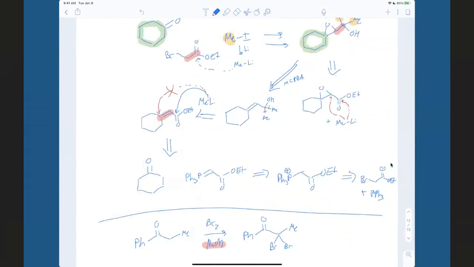So what happens to the ethoxy group? I'll draw out this step a little bit more clearly. So methyl lithium will attack. Oh, and then I'll comment on the use of zinc. So methyl lithium will attack, will make this tetrahedral intermediate.